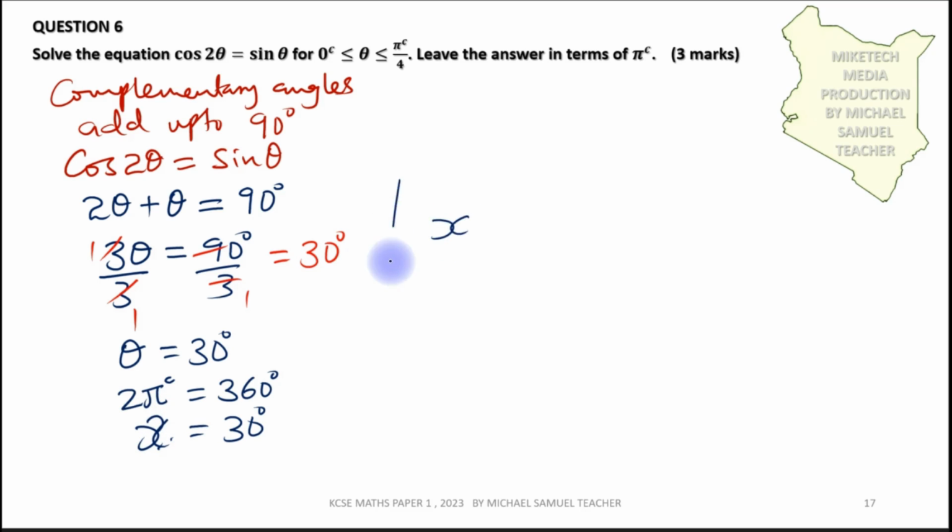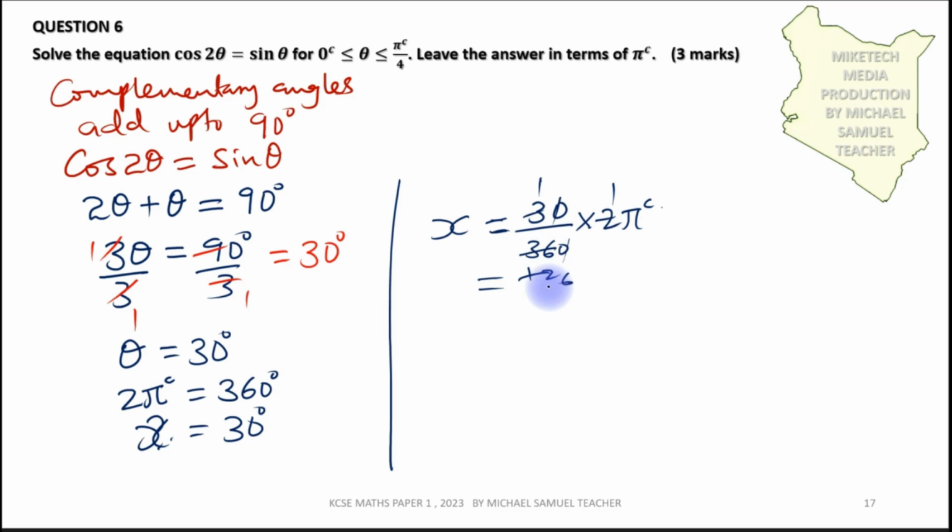So that will be equal to 30 over 360 times 2 pi radians. 12 by 2, 1 by 2, 6. Therefore, we have pi over 6 radians.